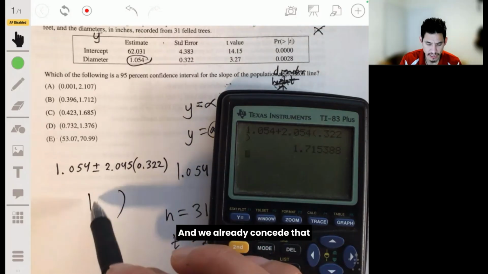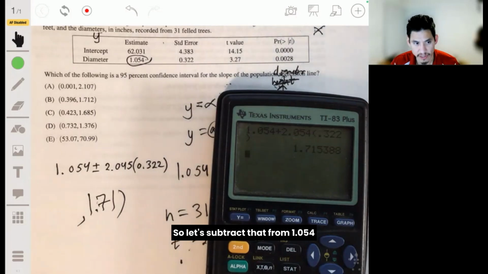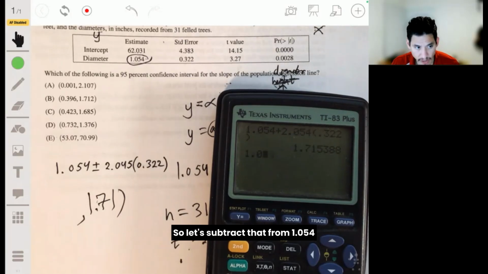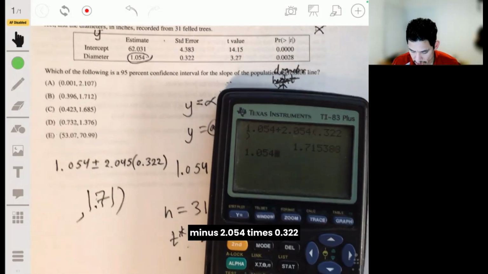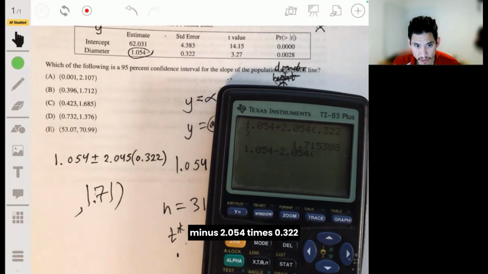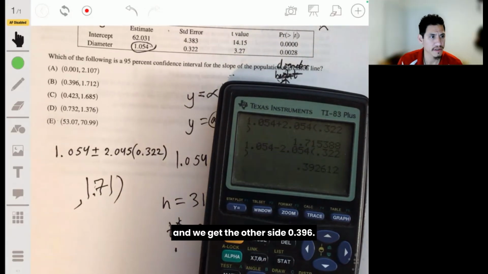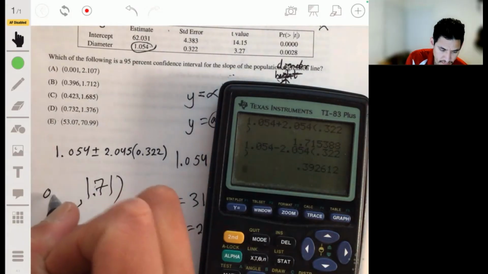And we already can see that it's going to be B, but let's just verify the other side. So let's subtract that from 1.054 minus 2.045 times 0.322. And we get the other side, 0.396.